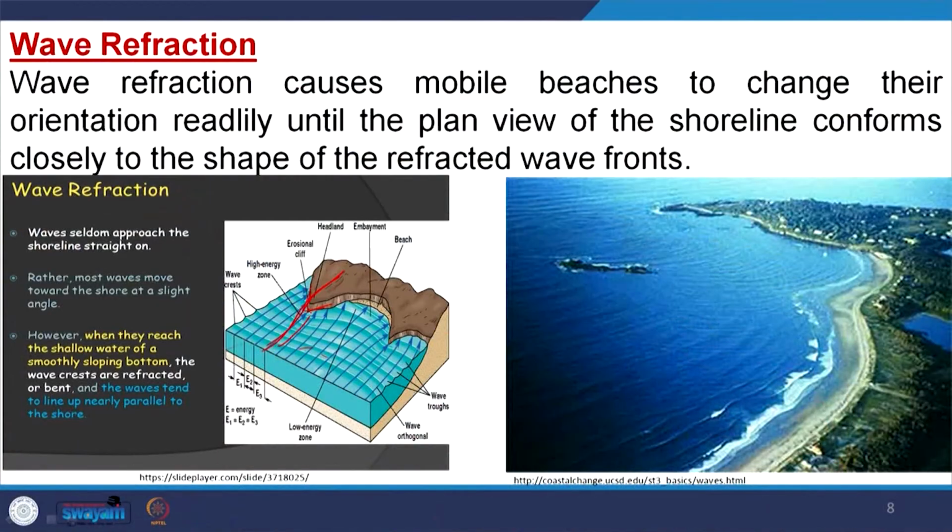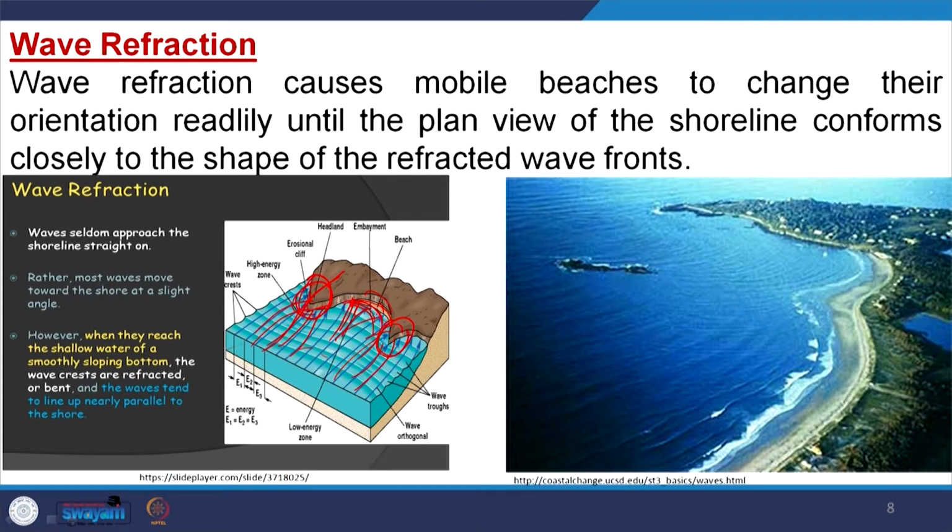In that case wave refraction occurs, and as we know earlier, due to this wave refraction, maximum energy is concentrated here, and these zones are the wave dissipating zones, and here are the wave concentrating zones. That is why these parts will be eroded, and the removed material will be deposited here. So, a new beach will be generated here, and here the material will be removed.